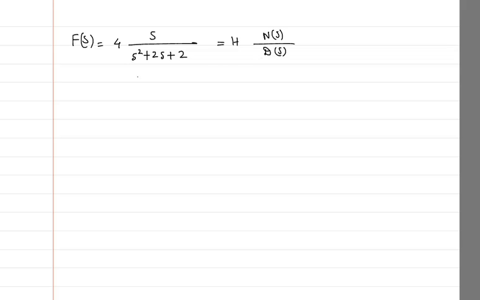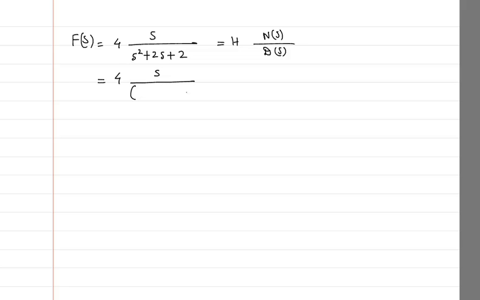The first thing that we have to do is find out the poles and zeros. The numerator is already done, so it is s, and now using quadratic equations we can find the roots of the denominator.